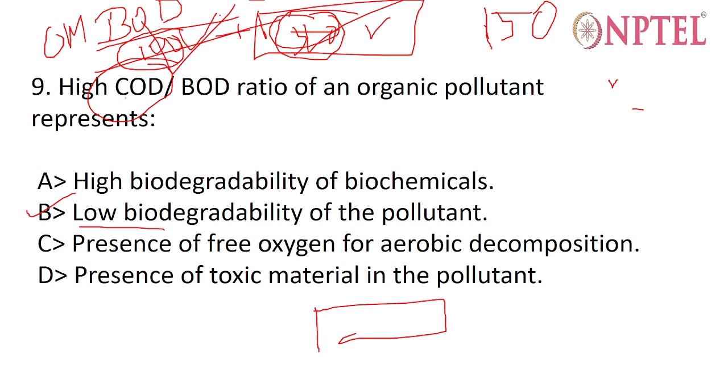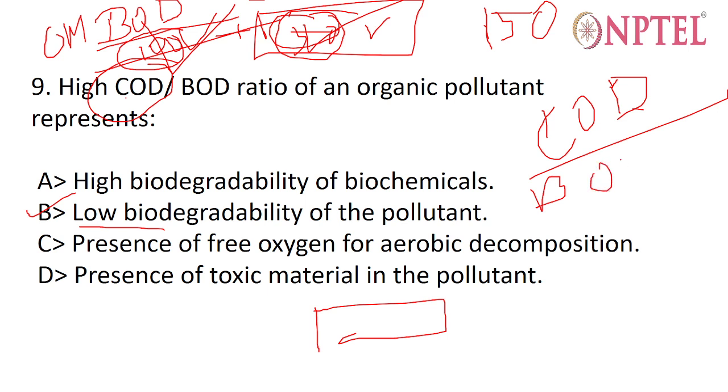So basically, it will give a total scenario of how much organic matter was present there. So that's why COD will include BOD also. Now, if COD is high, then it represents that most of the organic matter is not biodegradable, because this ratio is actually COD by BOD.